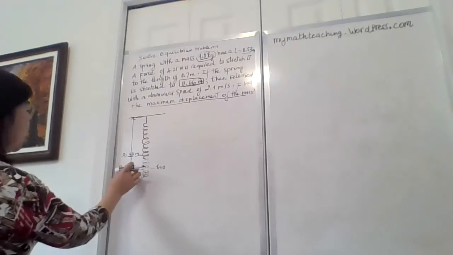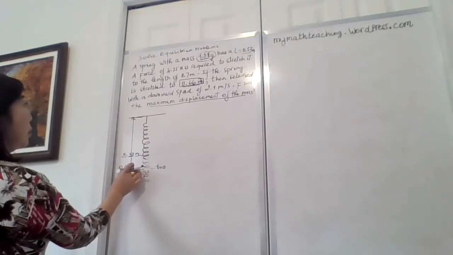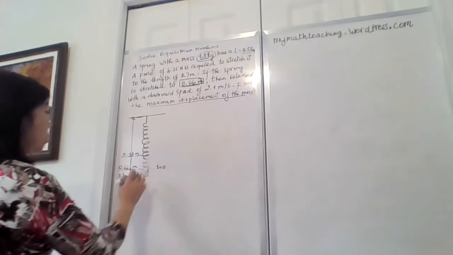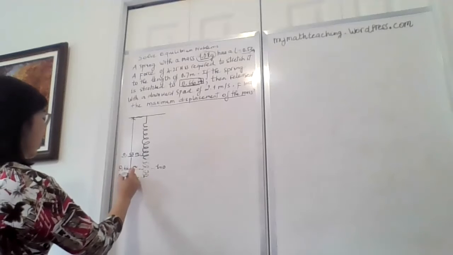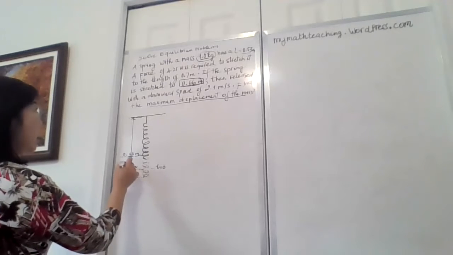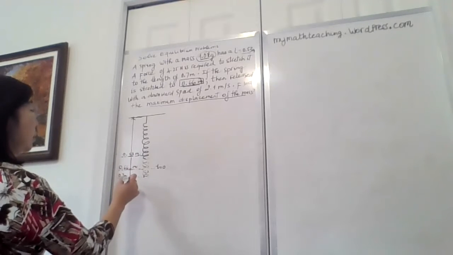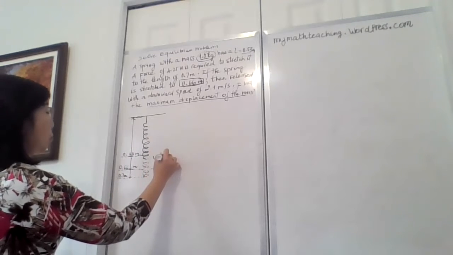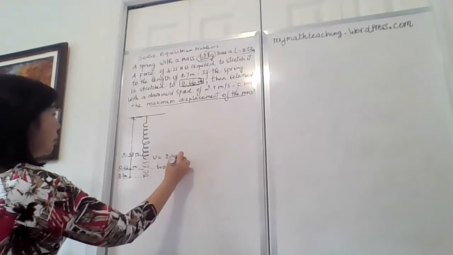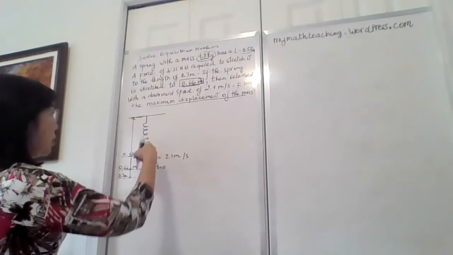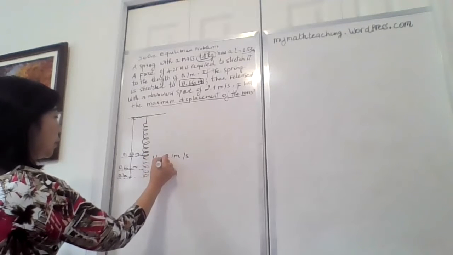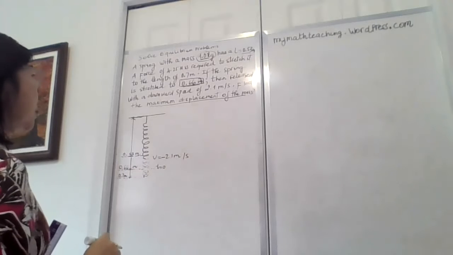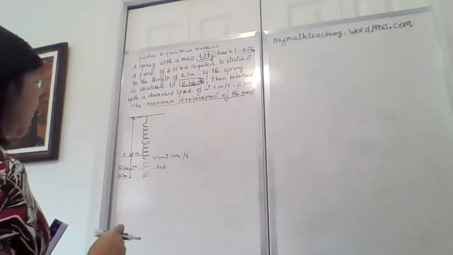If the spring is stretched up to here, then released with a downward speed of 2.1 meter per second, here it is released. The velocity equals 2.1 meter per second. Because it says downward, I'm going to put the direction negative. Find the maximum displacement of the mass.